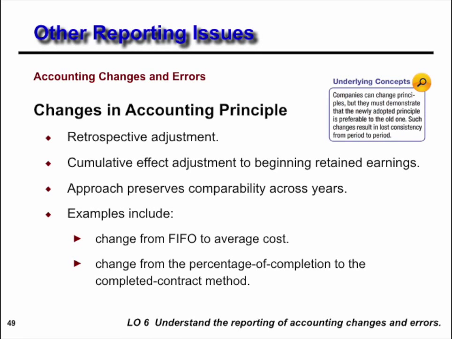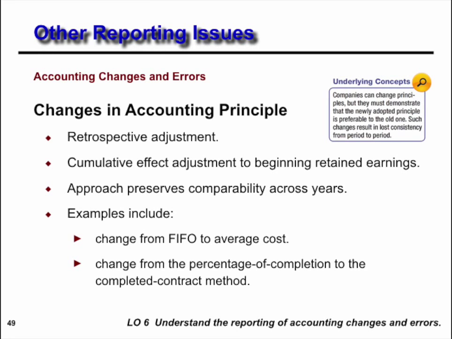Retrospective application of a new accounting principle means to restate the financial statements of prior years, sometimes referred to as a retroactive adjustment or a restatement. Or B. Adjust for the change prospectively, a prospective adjustment.